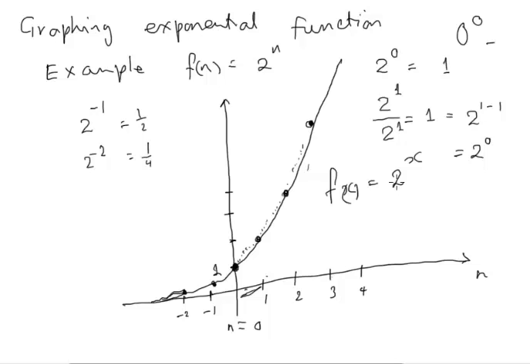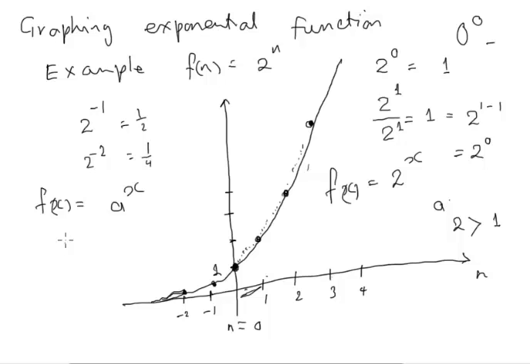So, I think it's clear also here that 2 is greater than 1. Remember I said we're not going to be interested in a being equal to 1. We said generally, the exponential function is f of x equals a to the power x. We said a equal to 1 is not interesting.